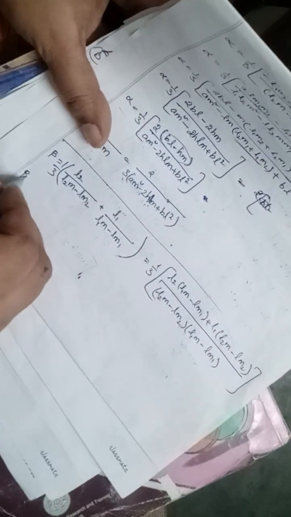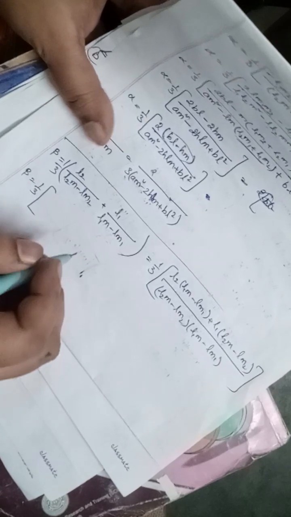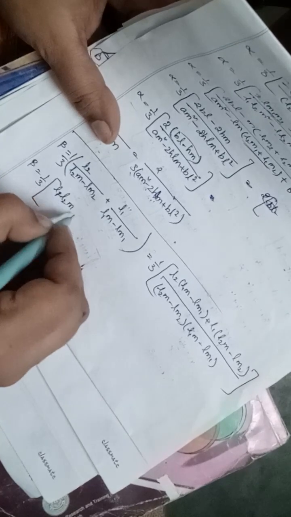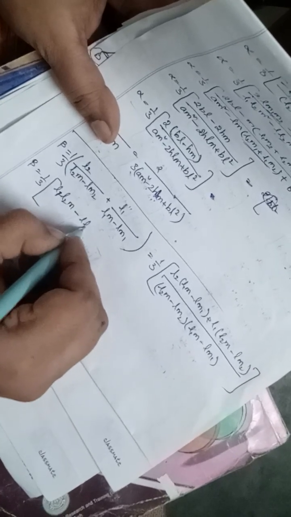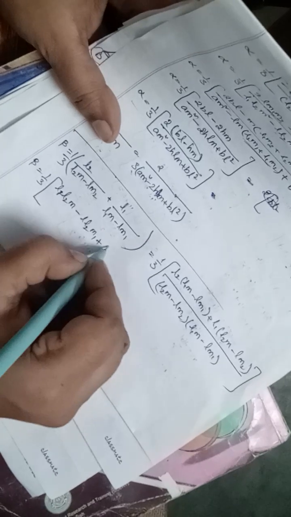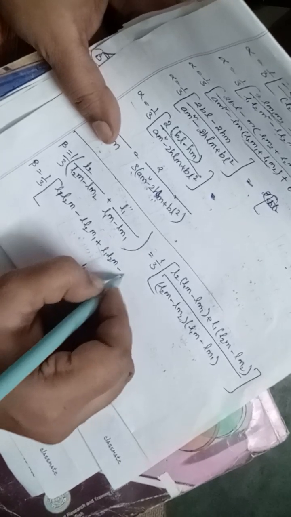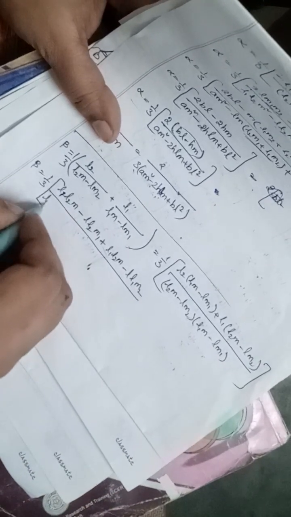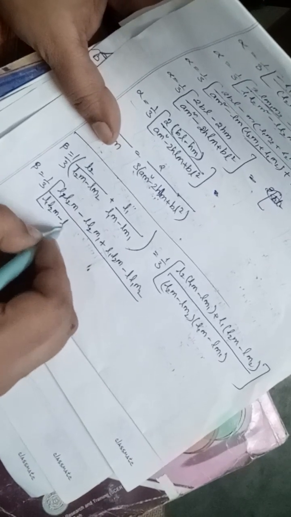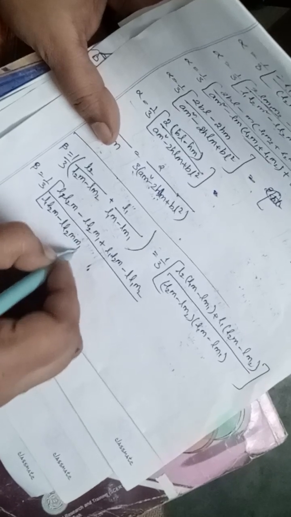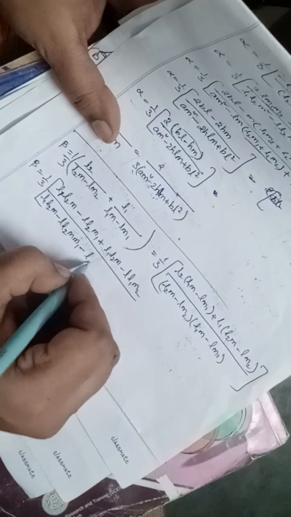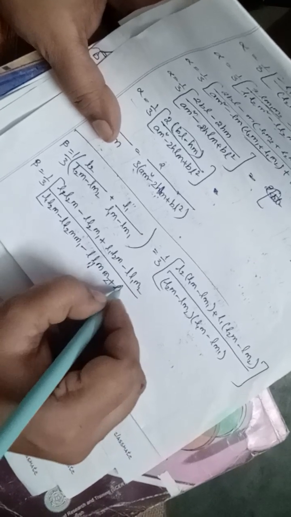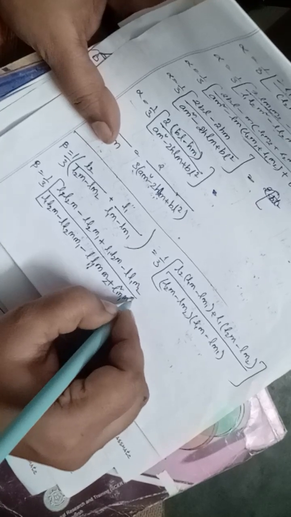So beta equals 1 by 3 into, now multiply: L1 L2m minus L2 m1 plus L1 L2m minus L1 m2, whole by L1 L2 m square minus L2 m m1 minus L1 m m2 plus L square m1 m2.